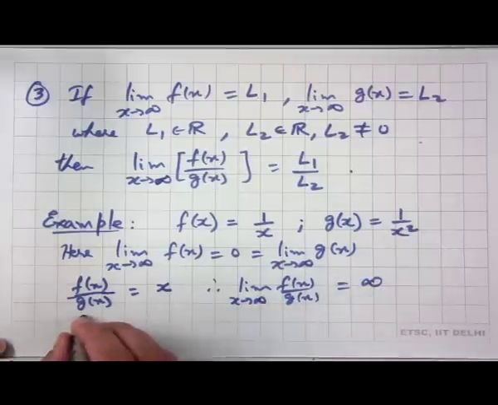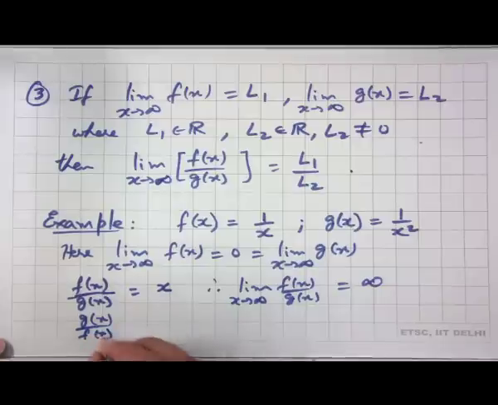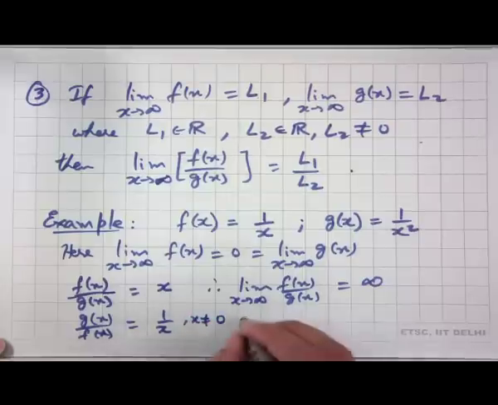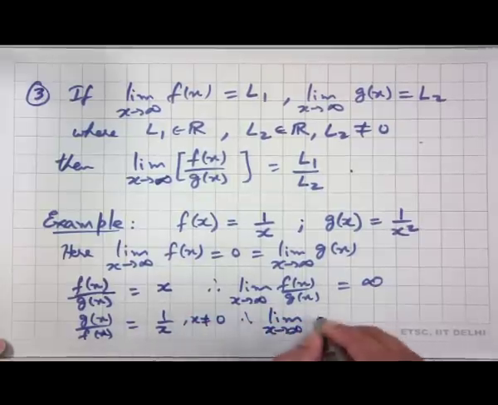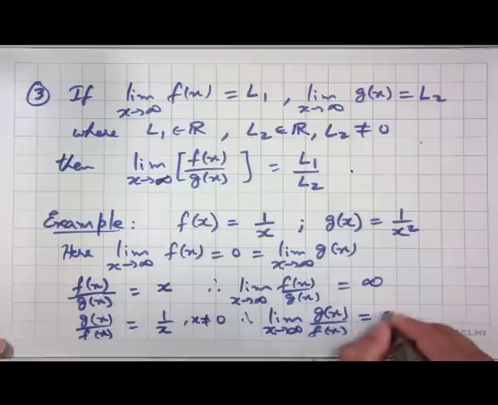But if I look at g x by f x, this is equal to 1 by x for any x not equal to 0. Therefore, the limit of g x by f x is equal to 0.